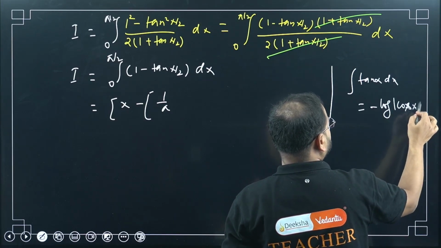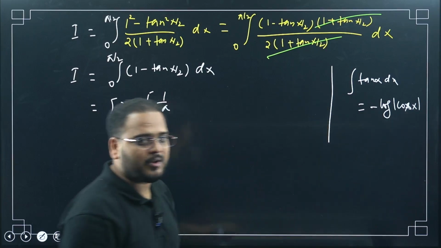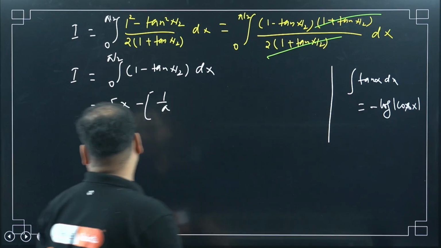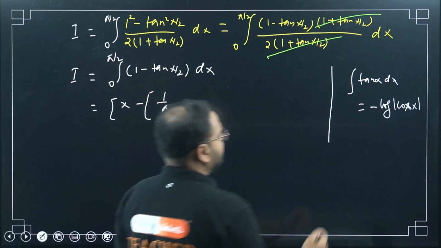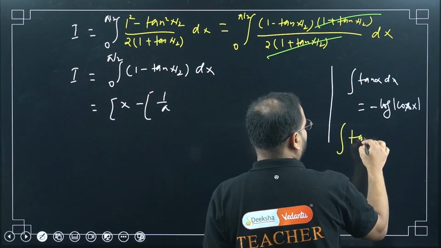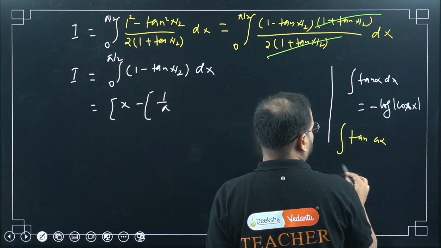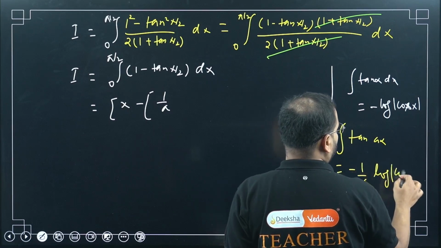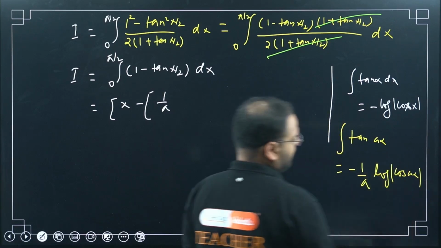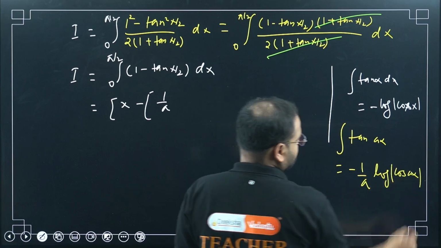This is the formula. Now over here I have tan ax, because this is x by 2, right? So the integration of tan of ax will be minus 1 upon a log of cos ax.